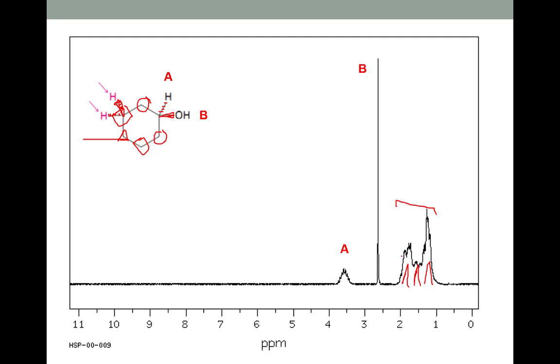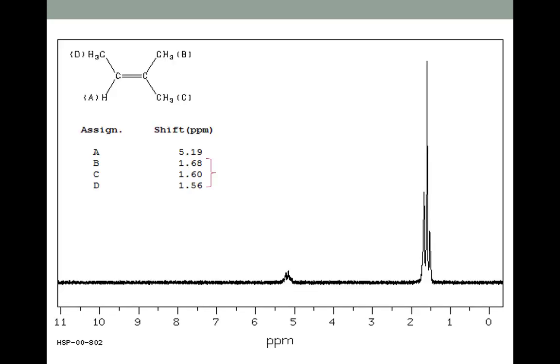When you see this kind of overlapping, messy stuff, that indicates that you have different but similar signals amongst your protons that are causing those signals. So in all practical sense, we can see our alcohol hydrogen, we can see our alcohol adjacent hydrogen, and we can see the rest of the ring sort of overlapping between 1 and 2 parts per million.